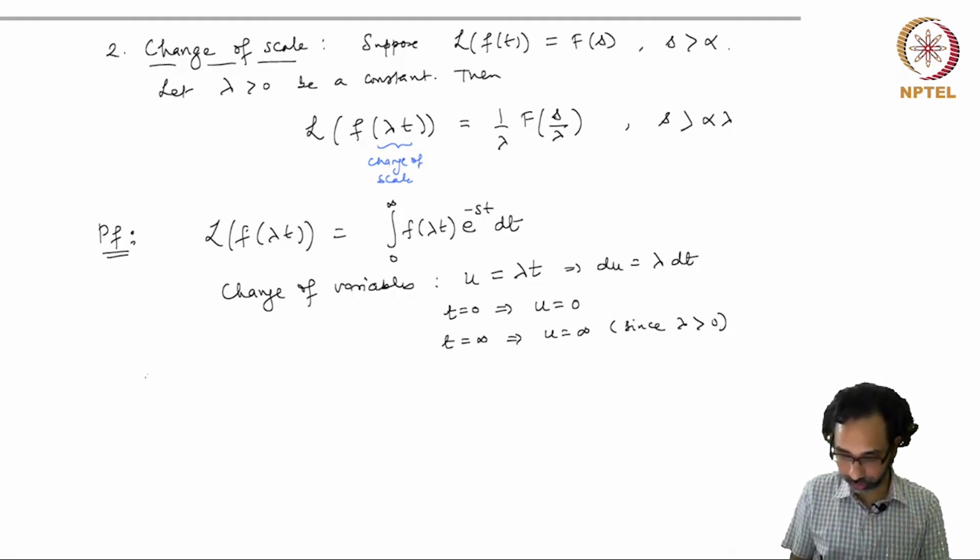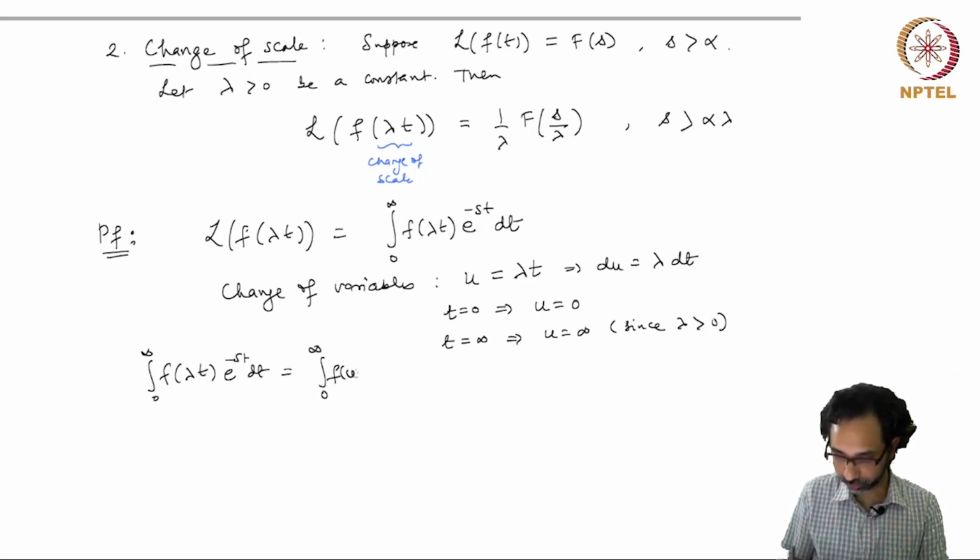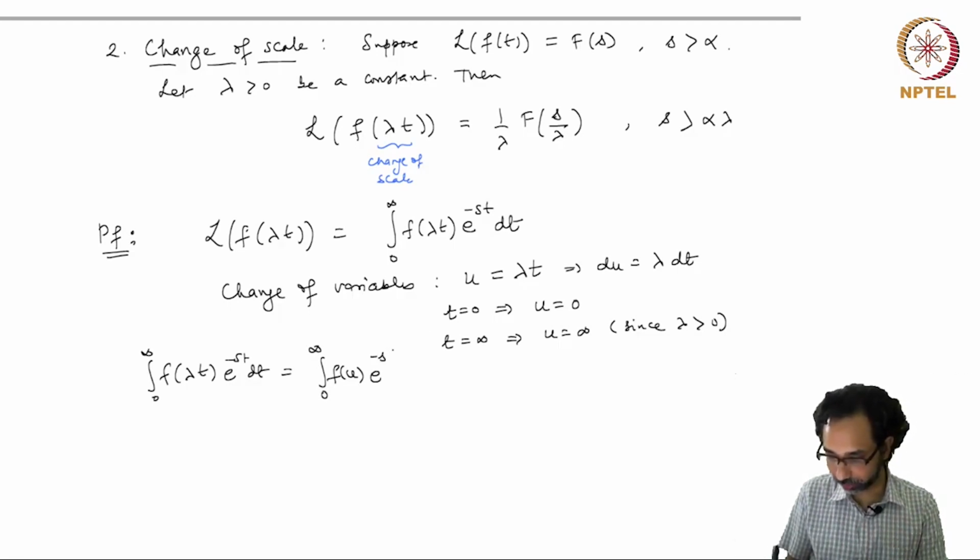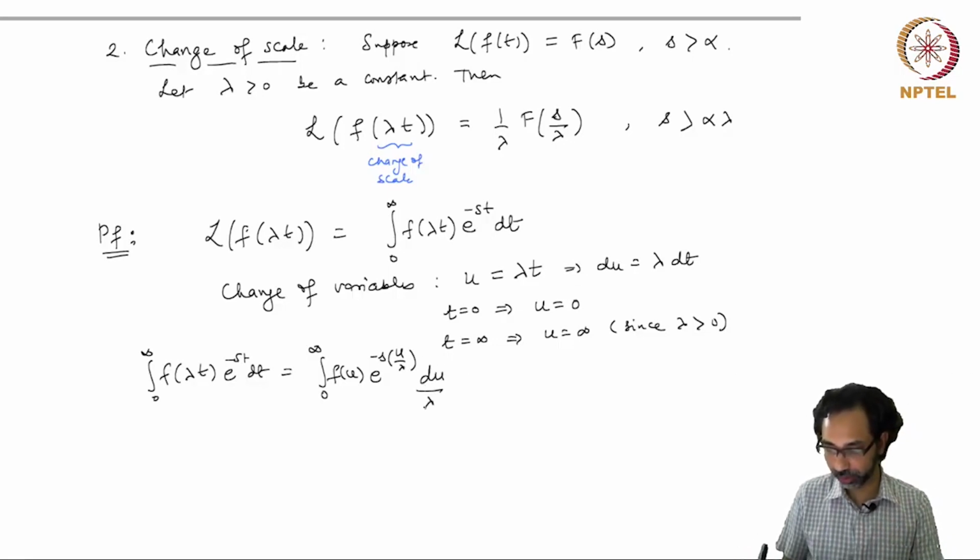So then our integral becomes the integral from 0 to infinity of f of u times exponential minus s, now t is given by u by lambda and dt is given by du over lambda.